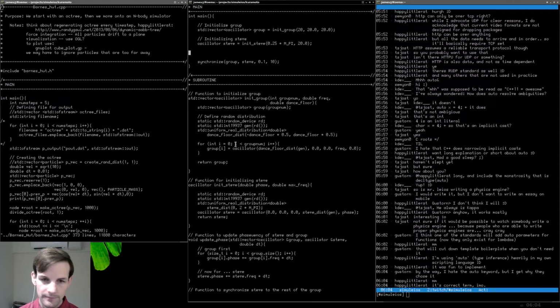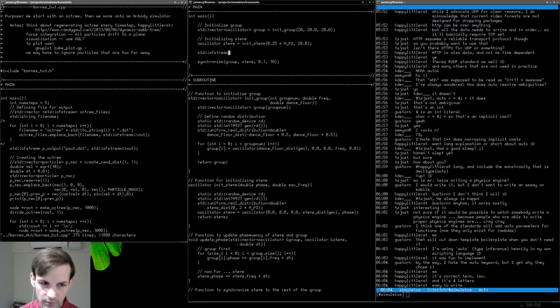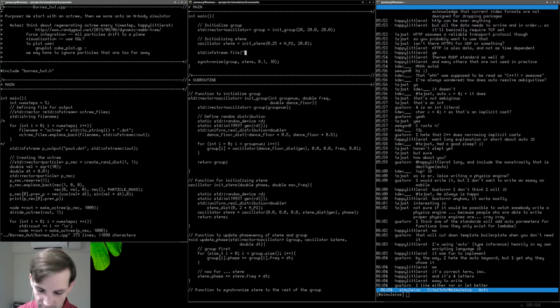There we go. That's what I need. std ofstream. What do we want? We want particle output. That's okay. We'll do particle output too. Well, we only have the one file, so let's just do file. Okay. Good. Is that all I need to do? Oh, and then I also have to say, and the file's name is going to be particle output.